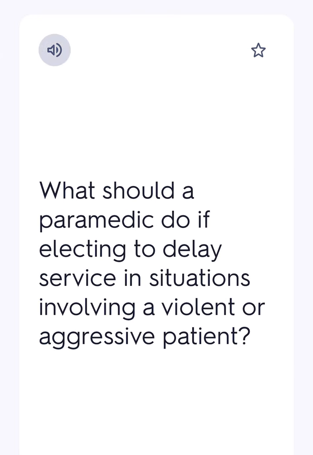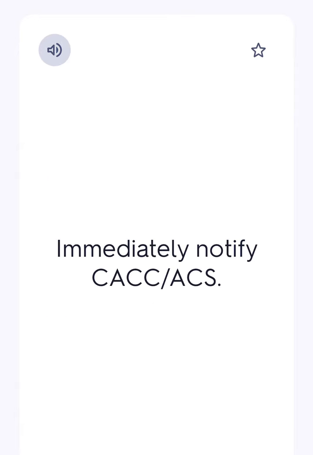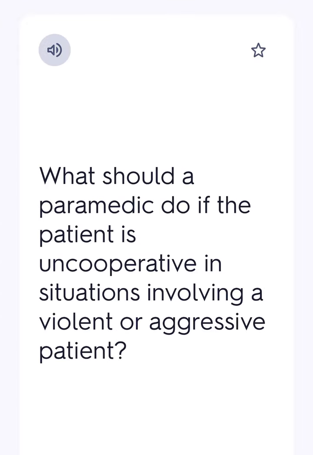What should a paramedic do if electing to delay service in situations involving a violent or aggressive patient? Immediately notify CCC/ACS. What should a paramedic do if the patient is uncooperative in situations involving a violent or aggressive patient?